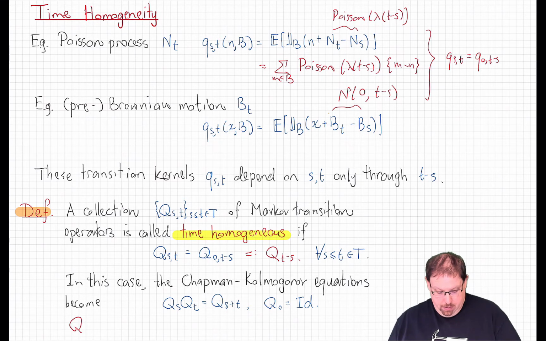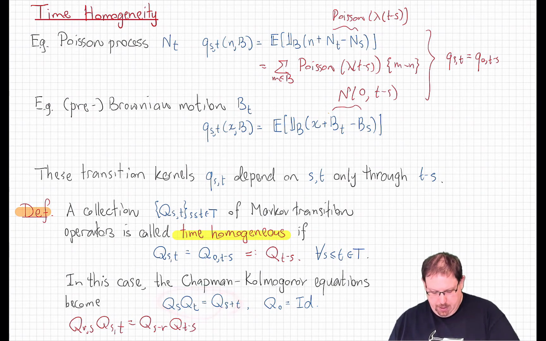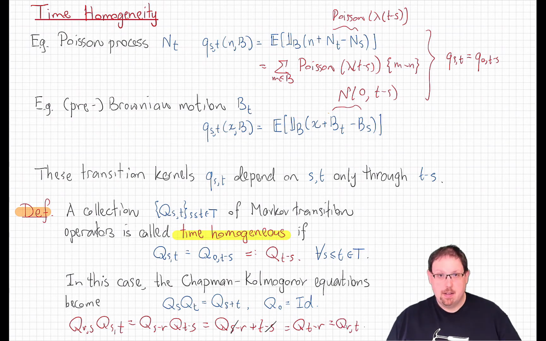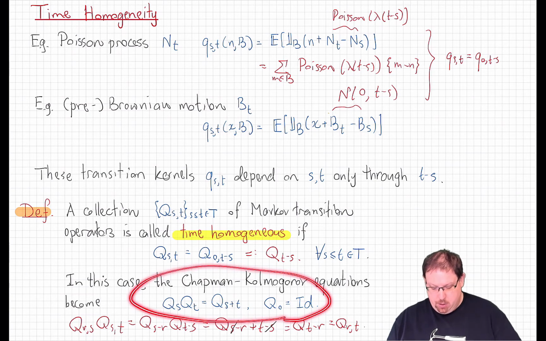After all, if I have Q_rs following Q_st, if we have time homogeneity, that just means Q_{s-r} following Q_{t-s}. But with this property holding here, that's the same as Q_{(s-r)+(t-s)}. The s's cancel, and that just gives us Q_{t-r}, which is Q_rt in the original notation.